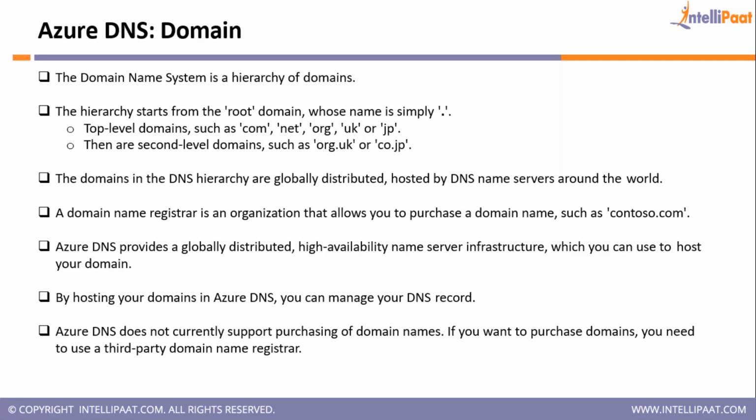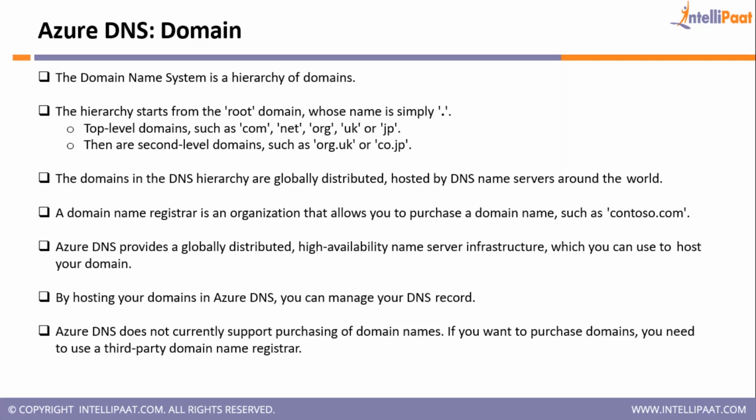So for different geographies or different kinds of organization types, you can have different top level domains. And then there is a second level domain that is specific to your organization type, especially here org.uk and co.jp. So there are root domain, top level domain, second level domain, and then you have further sub level domains.